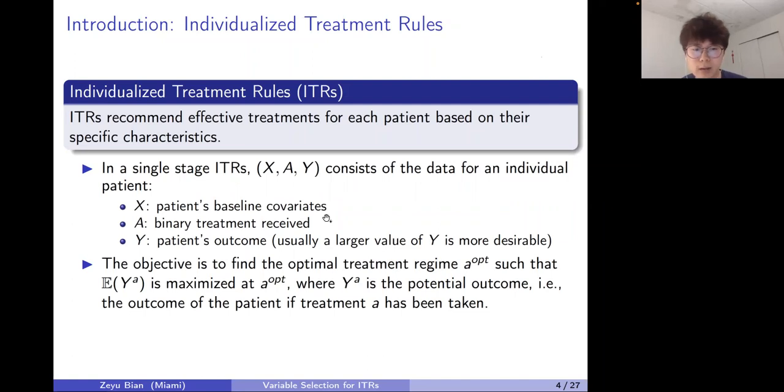So this potential outcome is a conceptual idea. The fundamental problem in causal inference is that we can only observe one potential outcome for a specific patient. For example, if this patient has taken treatment A equals 1, then we can only observe Y(1). Y(0) is not observed; it's missing.